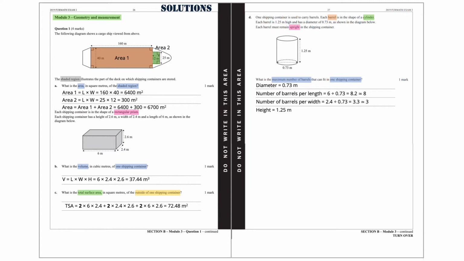Because the height of a barrel is 1.25, to calculate the number of barrels per height, we divide 2.6 by 1.25, and that is approximately 2. So the total number of barrels in the shipping container is 8 times 3 times 2, which is 48.